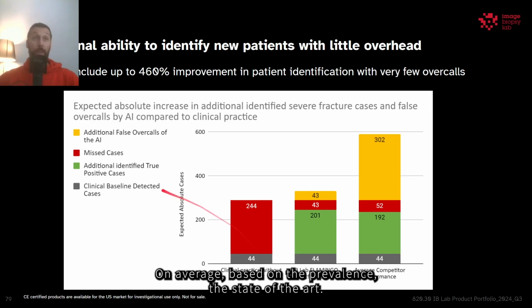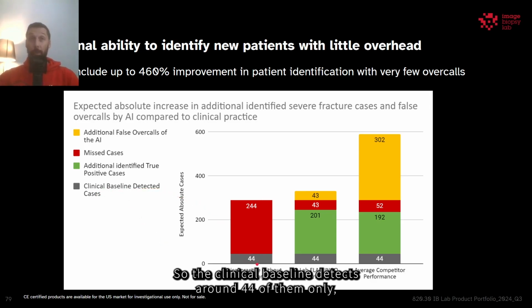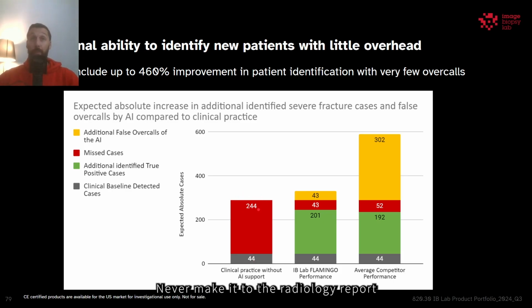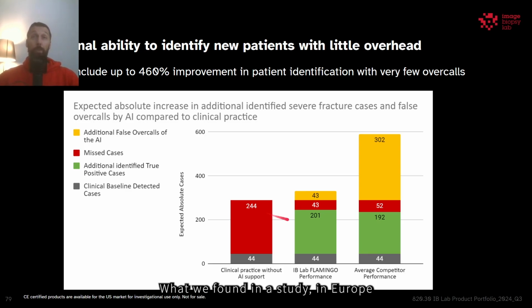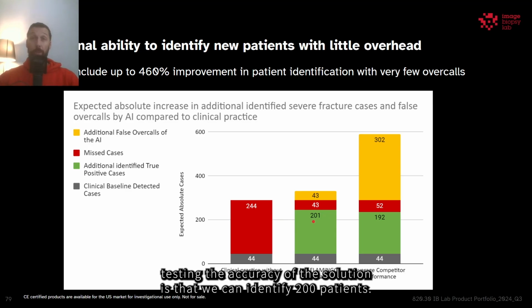The state of the art, so the clinical baseline, detects around 44 of them only, meaning 244 go missed, never make it to the radiology report and do not come to clinical attention with all of its consequences. What we found in a study in Europe, testing the accuracy of the solution, is that we can identify 200 patients of those 244 that usually go amiss.